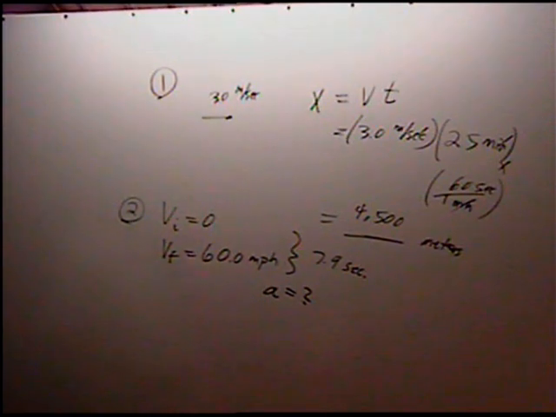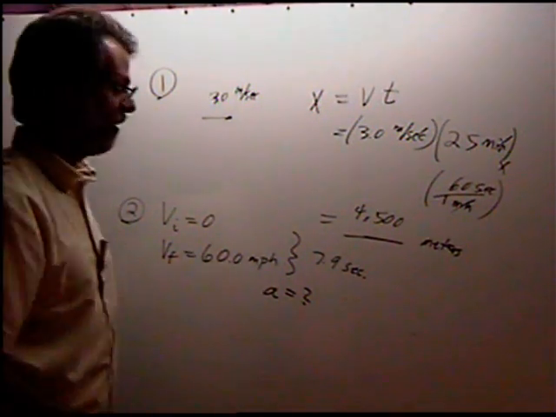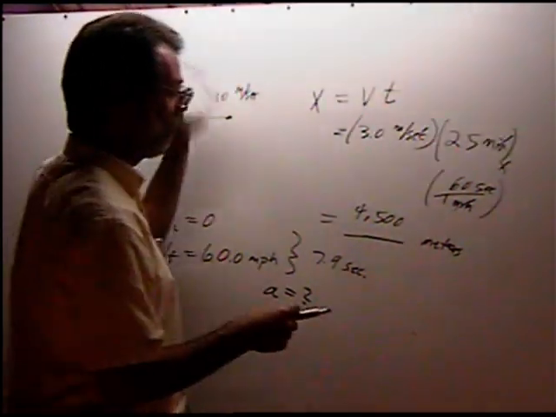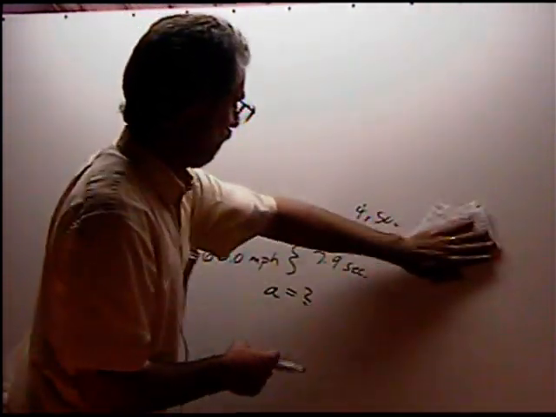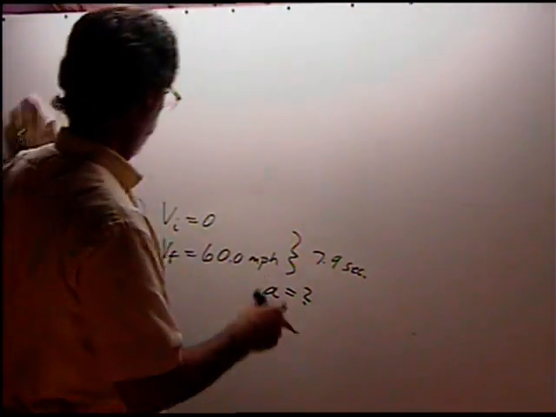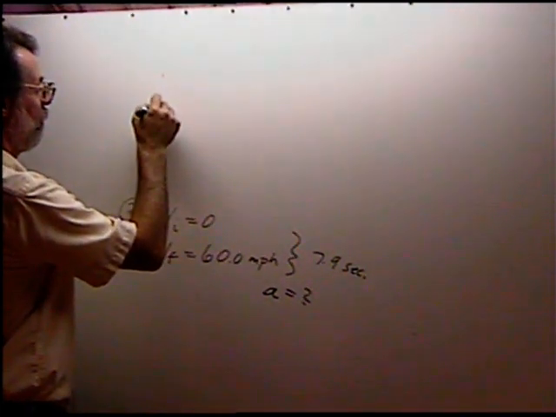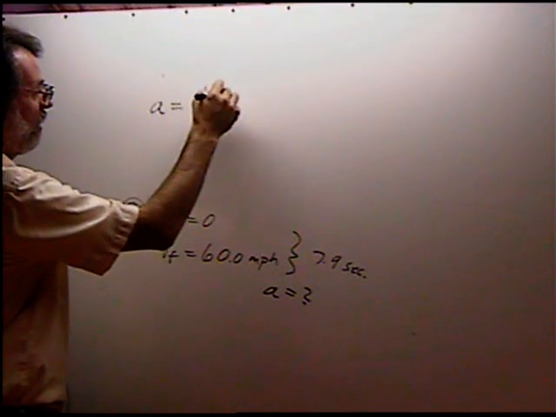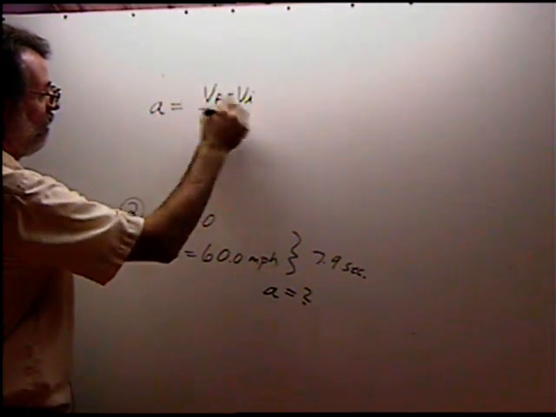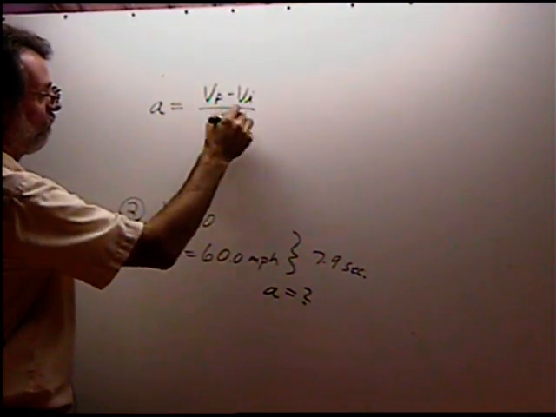Well, this, again, is really a chapter 1 type of question, but it's easy enough to solve. We just use the definition: the acceleration is the final velocity minus the initial velocity, all divided by time.